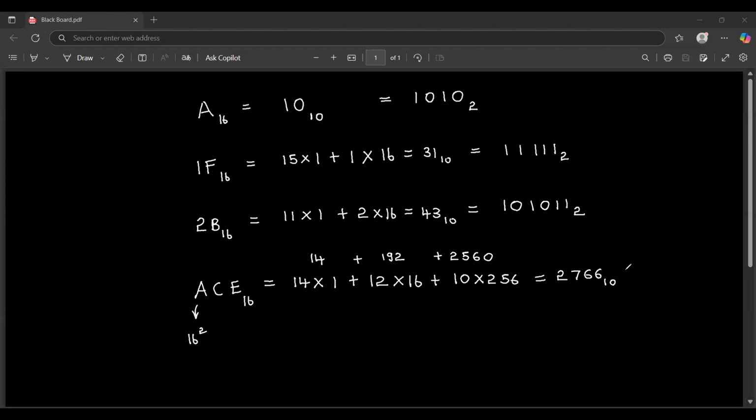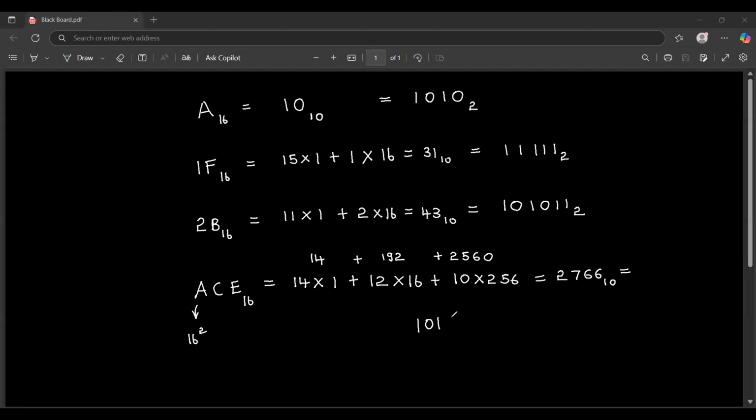Well, this is interesting, because if we are converting this to binary, it will be a long process. So I'll write this down here. 2 to the power 10 is equals to 1024. I think we can include 2048 here. So 2766 minus 2048 will be 718. 718 means we can have 512.